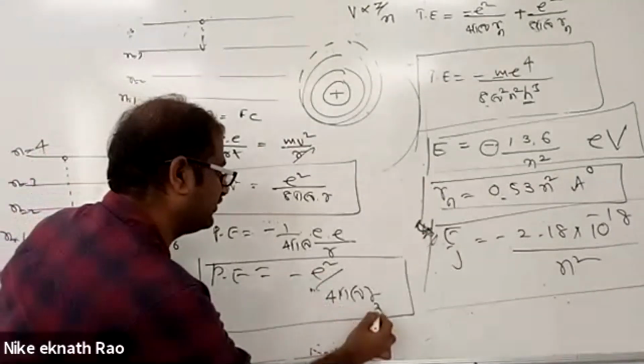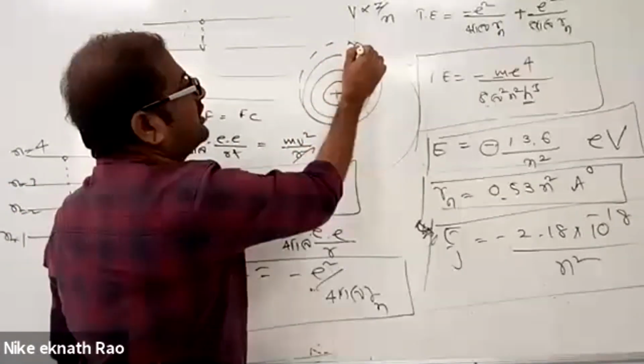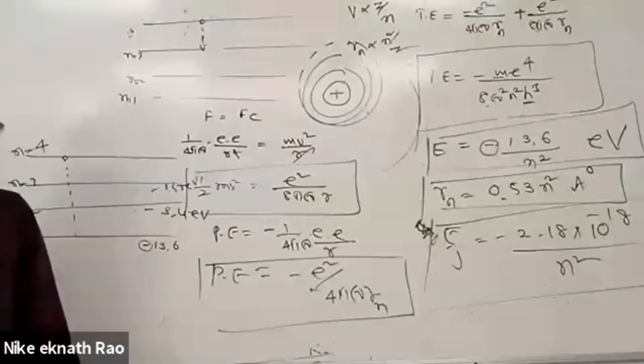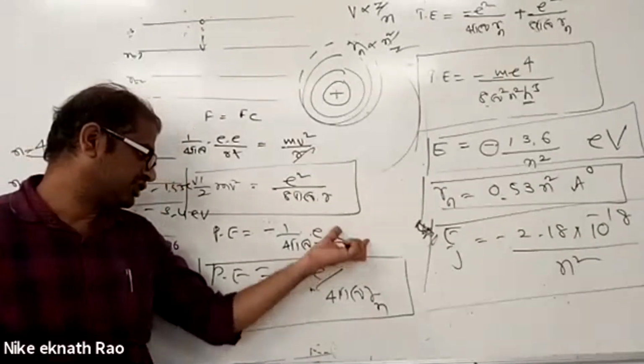In the orbit it is Rn. But the Rn value is proportional to n square by Z, so there is an inverse relation.